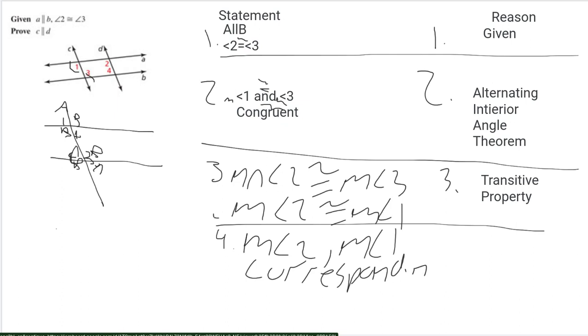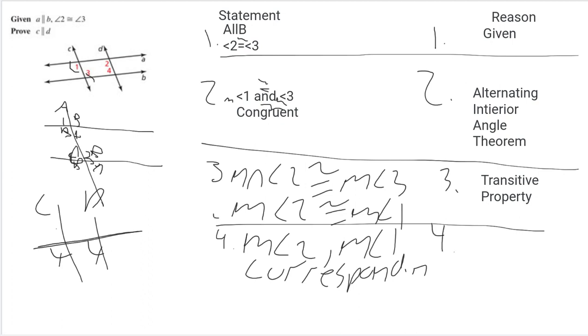I have lines C and D with a line going through them, a transversal, and I can say that those are corresponding angles by the definition of corresponding angles. So the definition of corresponding angles is my rationale. They're separated by two lines and a transversal, and they're congruent, so they're corresponding angles.